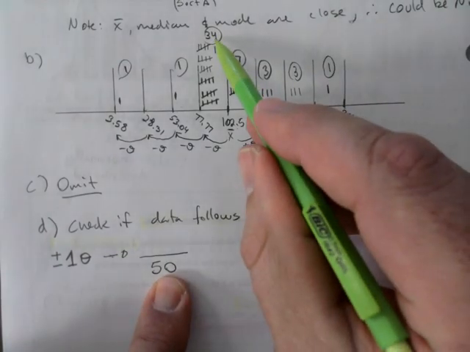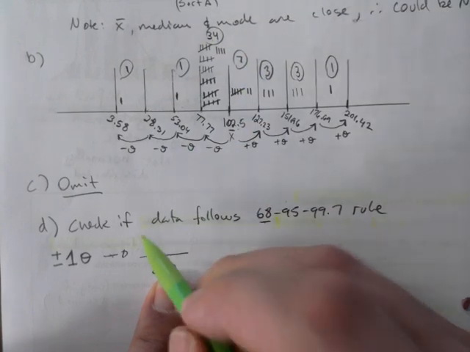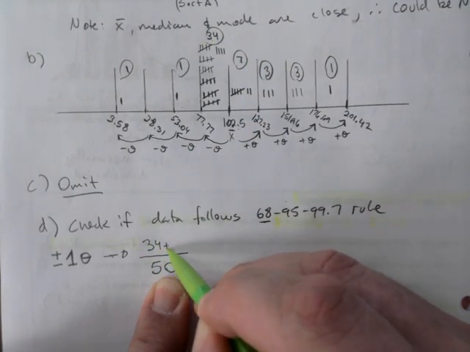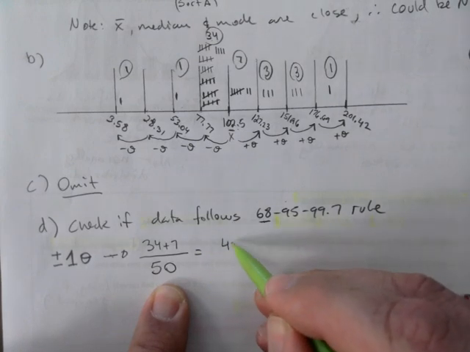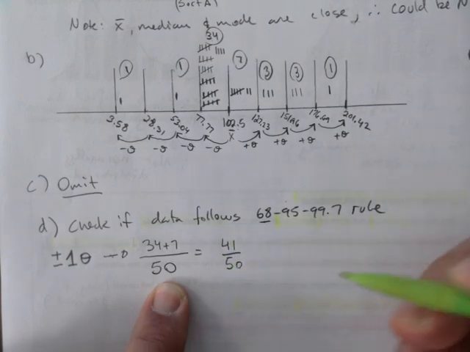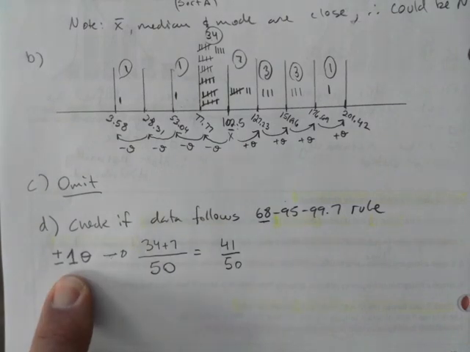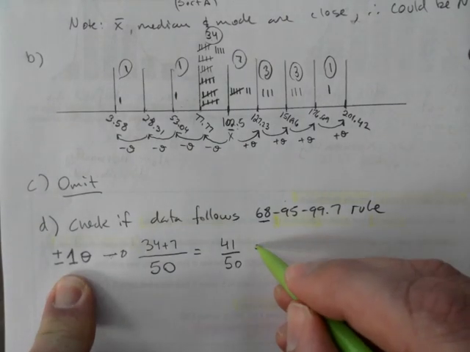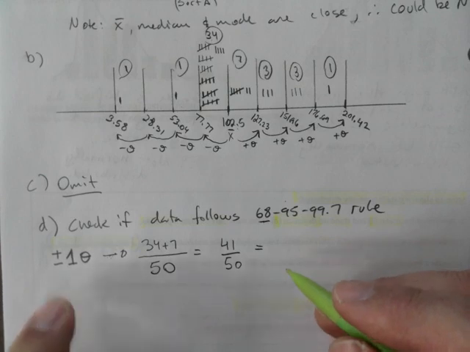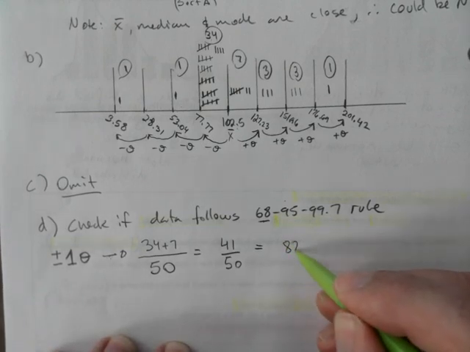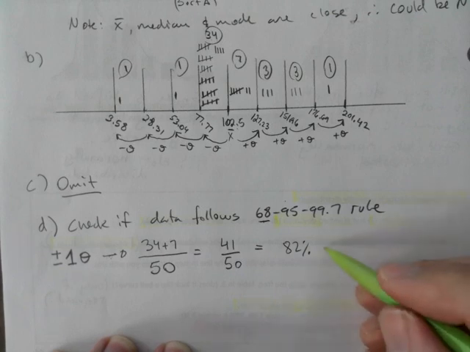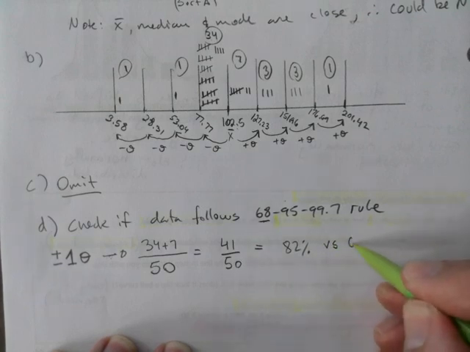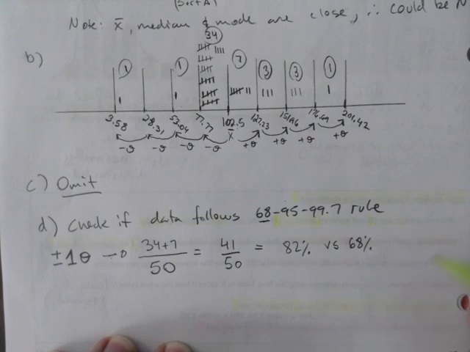We would have to add 34 and 7 together. And that gives you 41 movies out of 50 fall within 1 standard deviation. And that is 82%. Whoa. Versus what? We're supposed to get 68%, right?